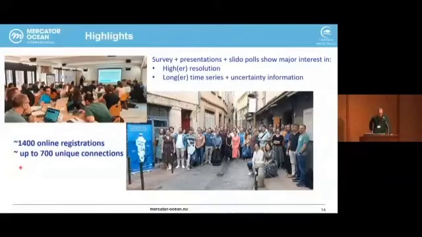Just some highlights: we ran a survey before the meeting and a Slido poll during the meeting. The major interest is always the same, but that's normal. This is a request from users for higher resolution, longer records, and more uncertainty information. Basically, users want everything, and that's it.